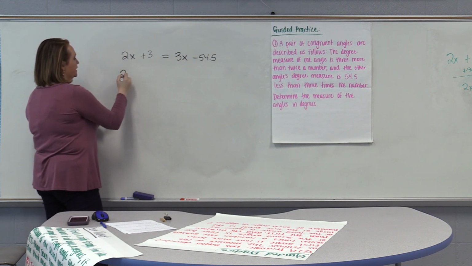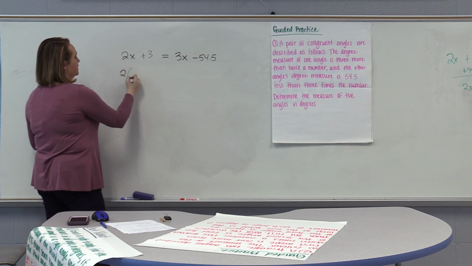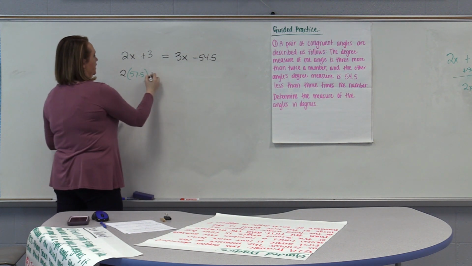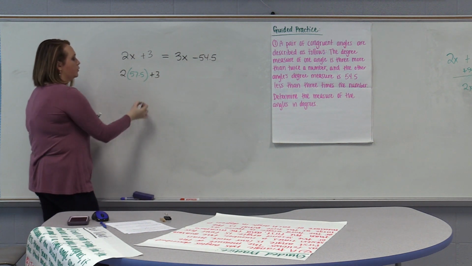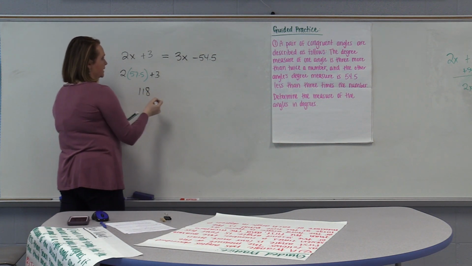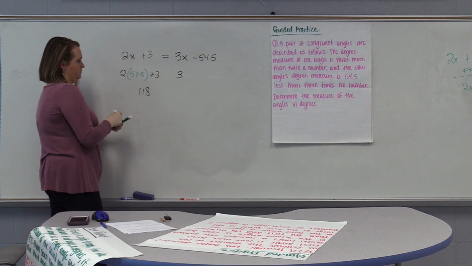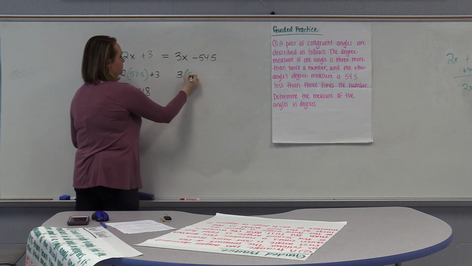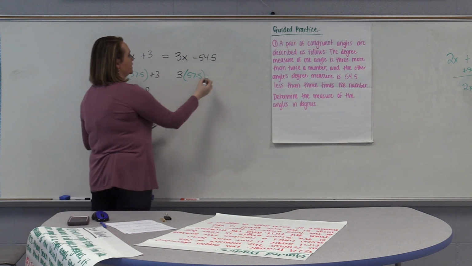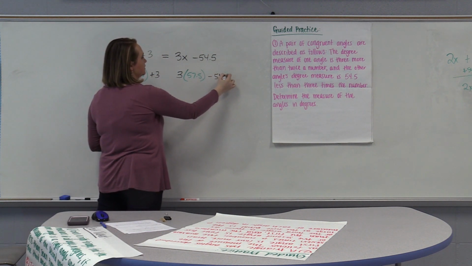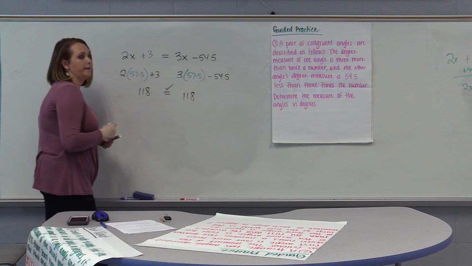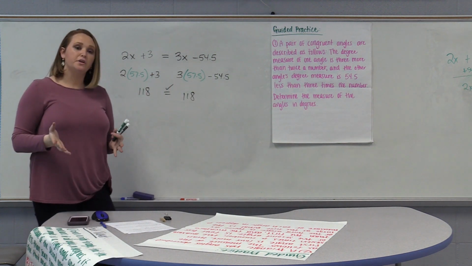I'm going to plug in 57 5/10 for x plus 3, and I end up with 118. If I do that on the right side, I should also come up with 118 because these angles are congruent. And I do.